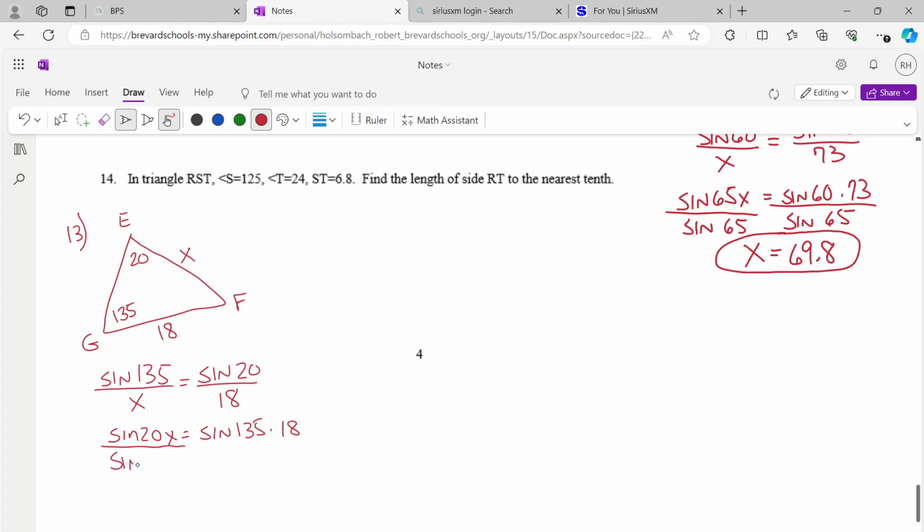Divide both sides by sine 20. And our x is equal to, again, 135 sine, equals, times 18, equals, divided by 20 sine, and hit equals again, 37.2.